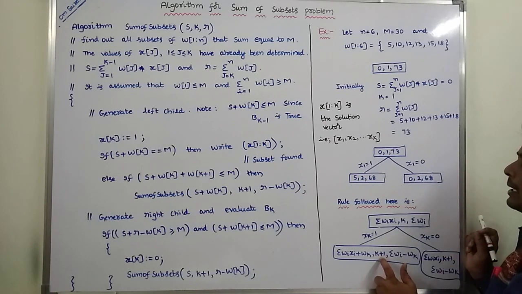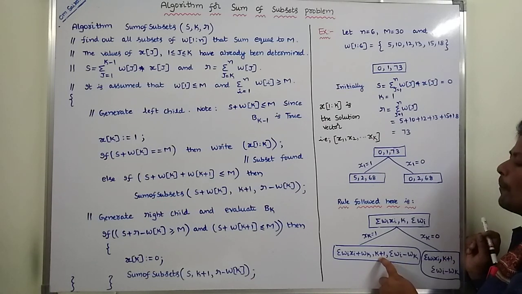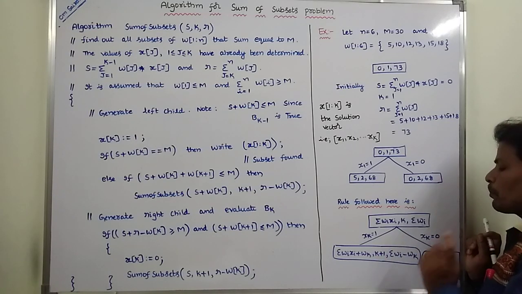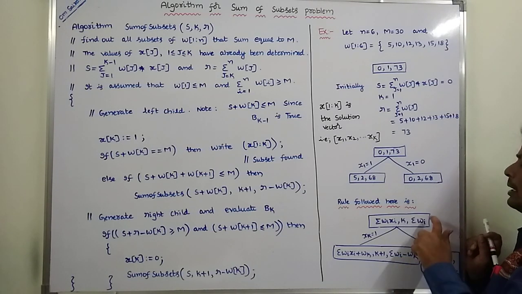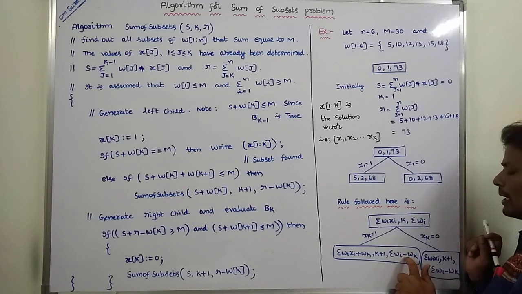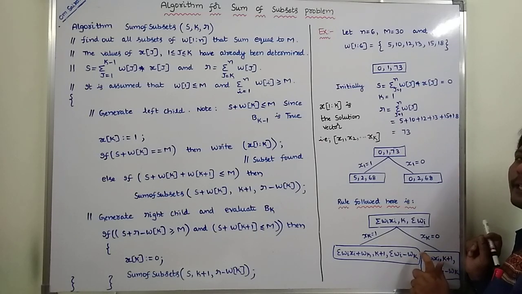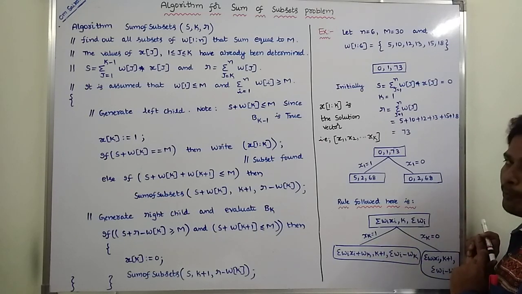Then comma, k plus 1. This is the position of the next weight in the weight vector. Then sigma wi minus wk. Here the total of the weights in the weight vector is denoted by sigma wi, and from that we have to subtract the weight of the kth object.